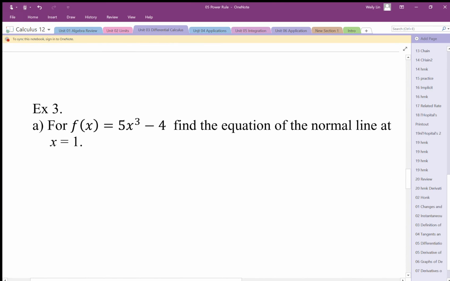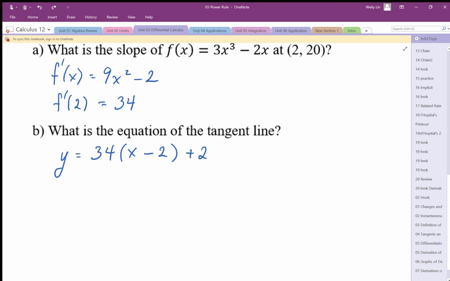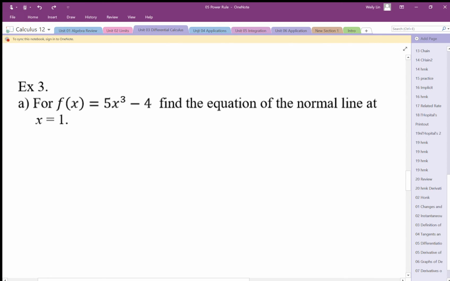For this problem here, it asks for the equation of the normal line at x equals 1. Well, for a normal line, well, any line, I need a point and a slope. So the first thing I'm going to do is find the y coordinate of this graph.